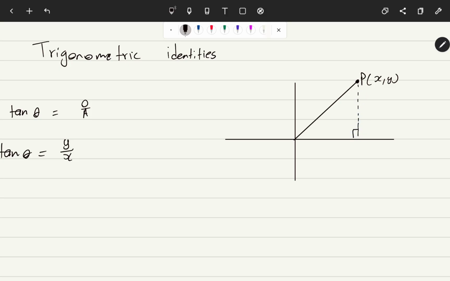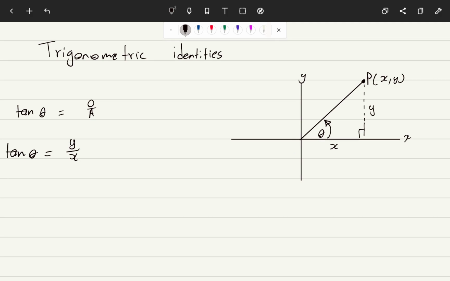This is your right-angled triangle, and this is your theta right here. The distance from P to your x-axis is y, and the distance from the origin to the x value of P is just x.